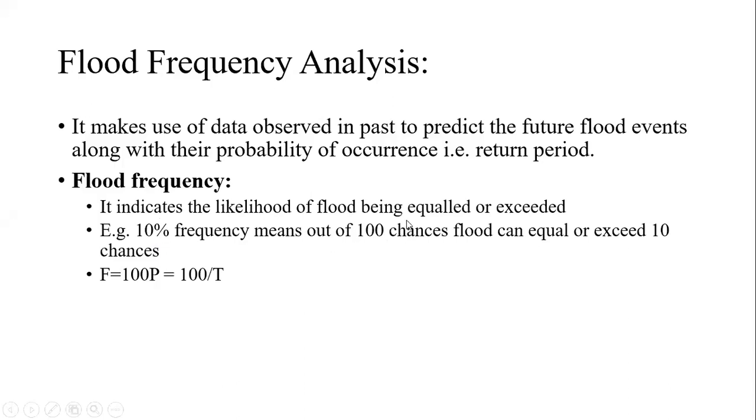Minimum 10 times and more than 10 times we can say. So if 100 years is the data period, we have 100 years of data, and its frequency is 10% of occurrence, it means that the flood will occur 10 times or more than 10 times, or it has occurred 10 times or more than 10 times in that particular data set.